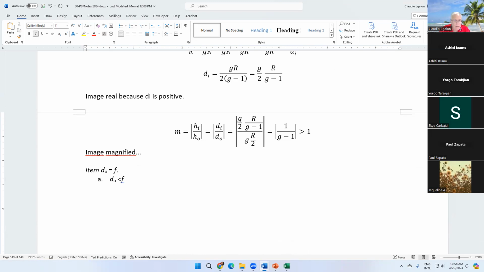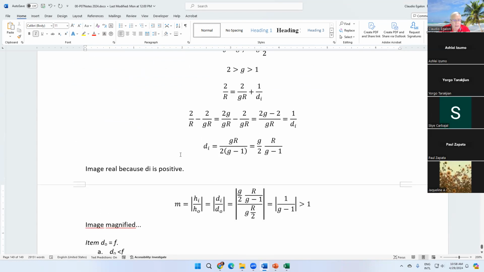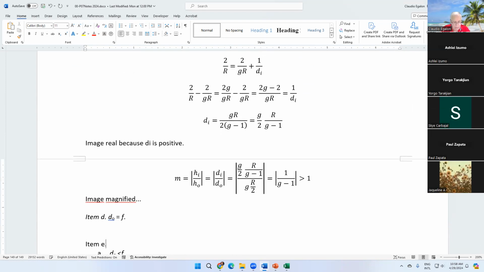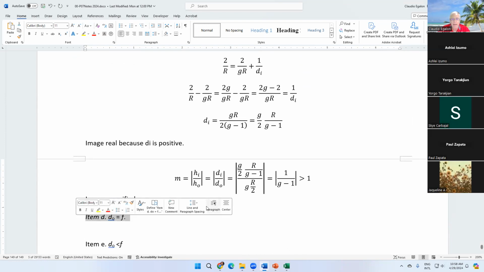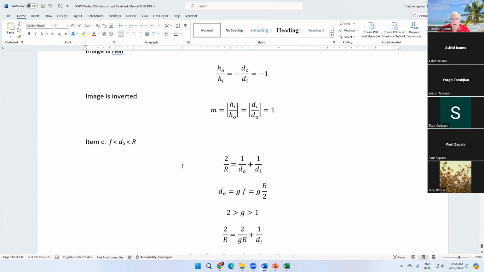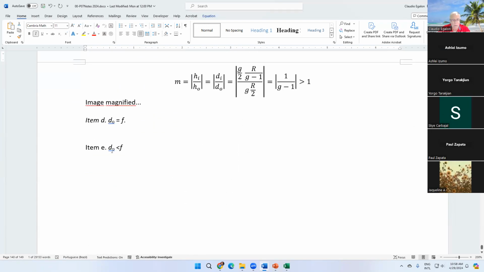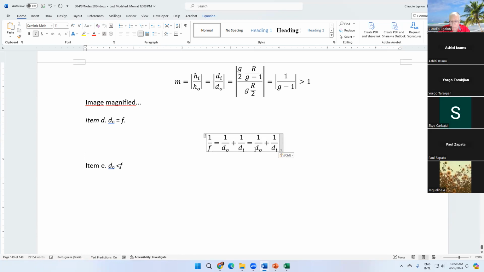Item D, and this one should be item E. Okay, if D naught is exactly equal to F, what do we get? I'm going to put 1 divided by F here. If D naught is exactly equal to F, right?